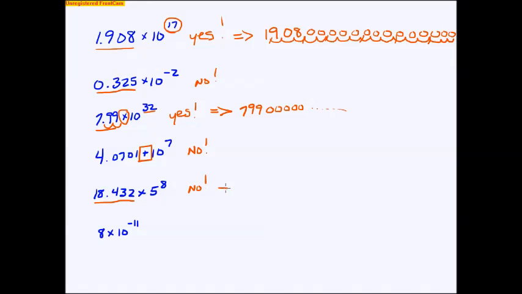We could convert this to a number that is in scientific notation by simply moving this decimal place 1 over, and that would make that number greater than 1, less than 10.